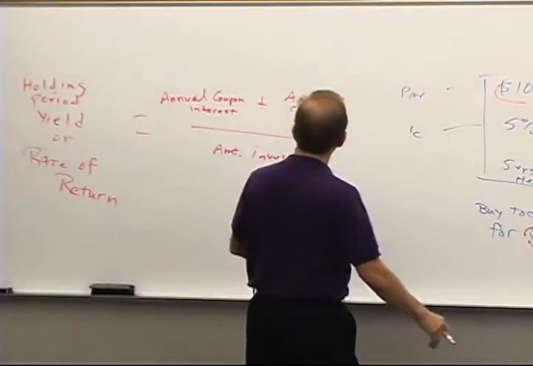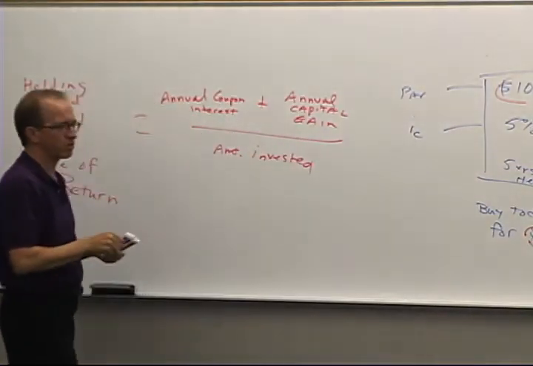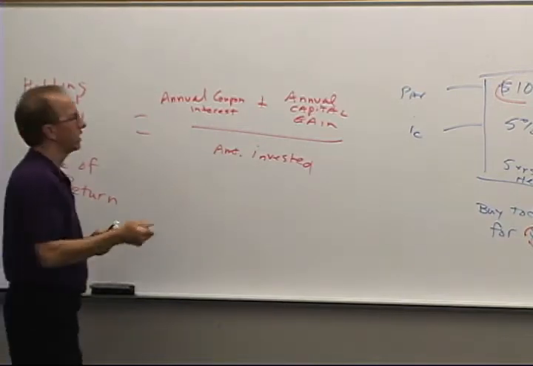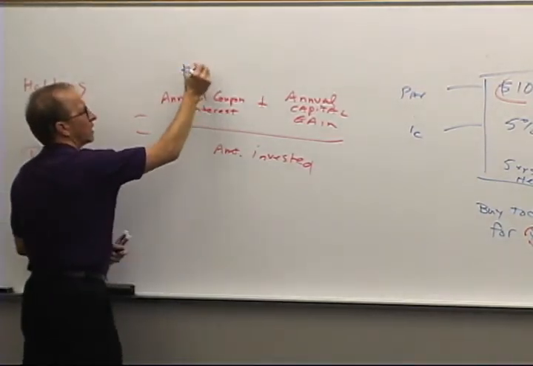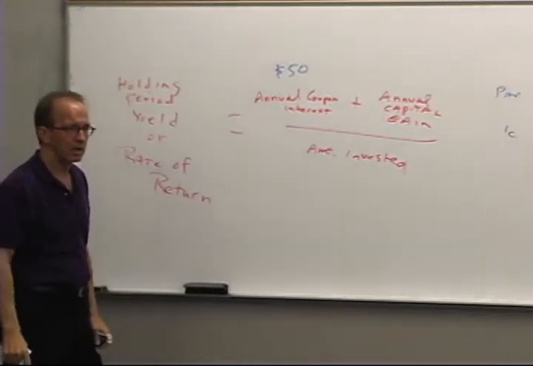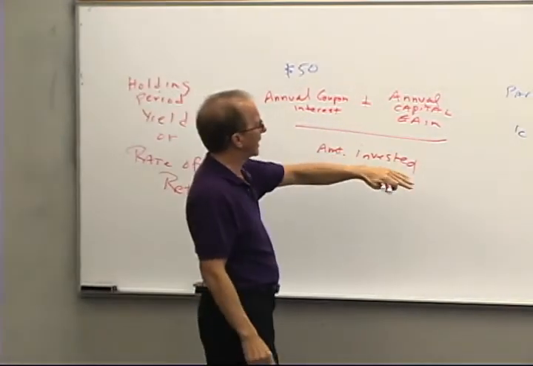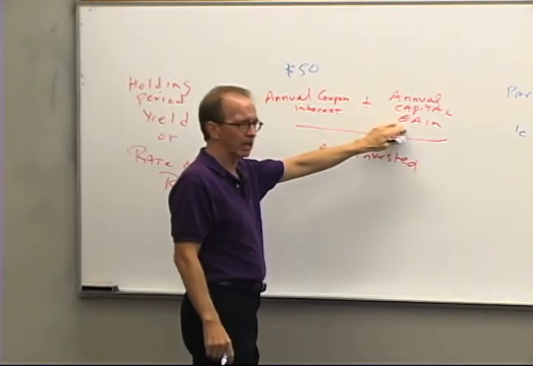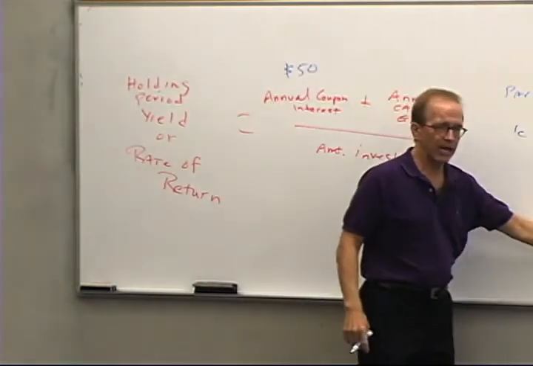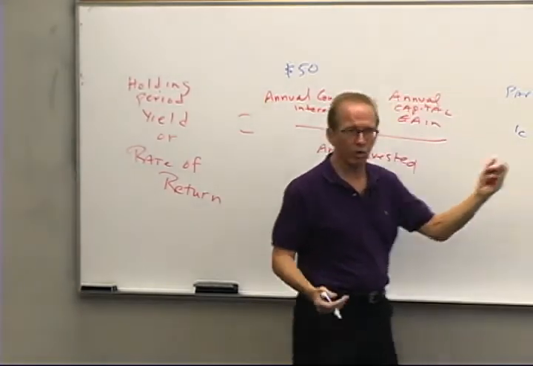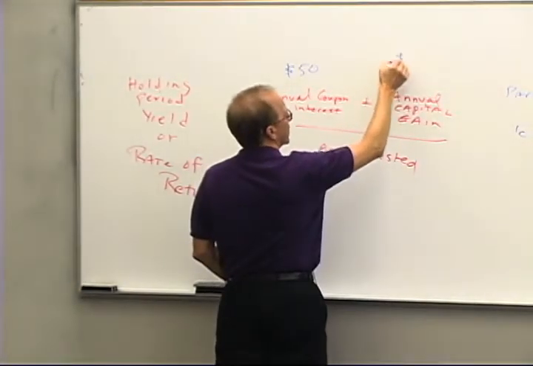And so now, here's what we would do. Annual coupon interest. What is our coupon interest on this? $50, right? Just like before. 5% of $1,000. Hold it for 3 years, sell it for $980. What's our capital gain? We bought it for $900, it went up to $980. Our total capital gain is $80.